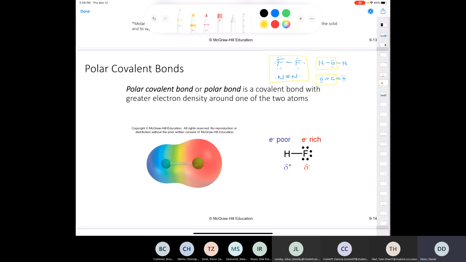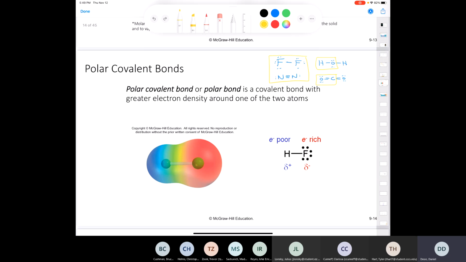Why? Because fluorine and fluorine, those are identical elements, aren't they? They both have the same propensity to pull electrons towards themselves. So they share perfectly equally. Same thing with the two nitrogens in N2 gas. They share electrons perfectly.